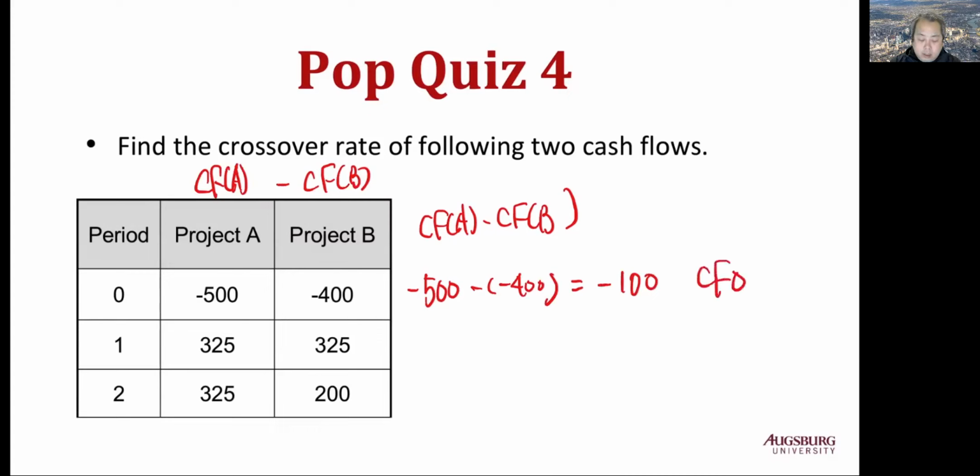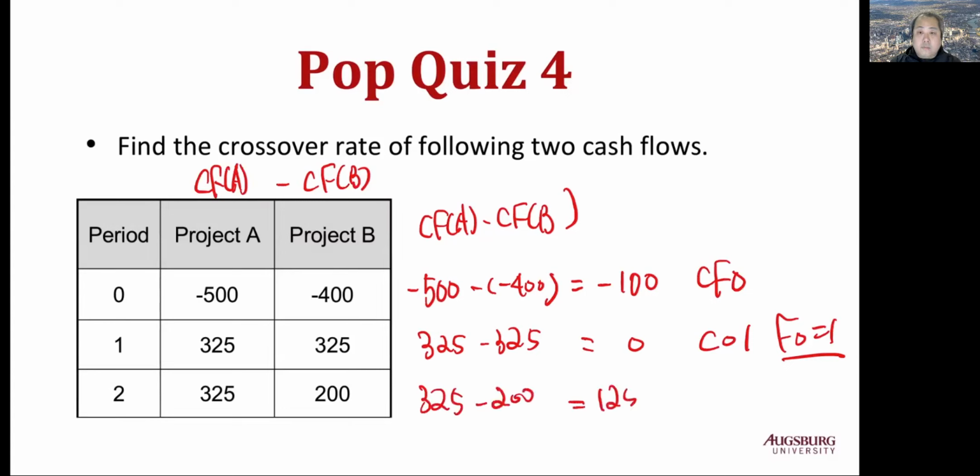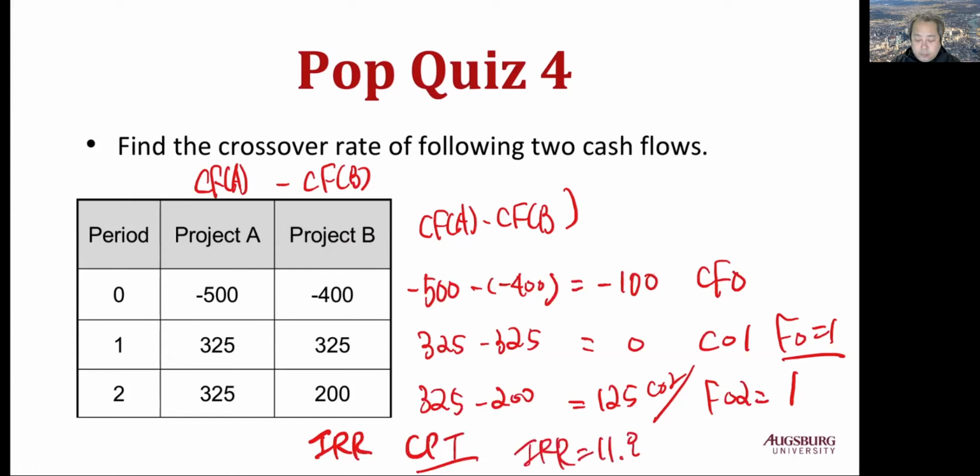C01 is 325 minus 325 equals 0, and F01 equals 1. C02 is 325 minus 200, 125, and F02 equals 2. Press IRR and CPT. Computed IRR equals 11.8%. So the crossover rate equals 11.80%. That is the answer.